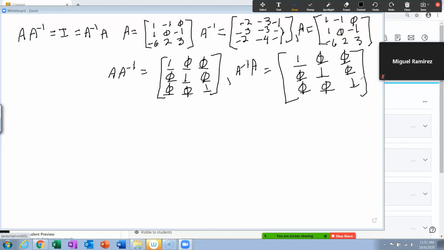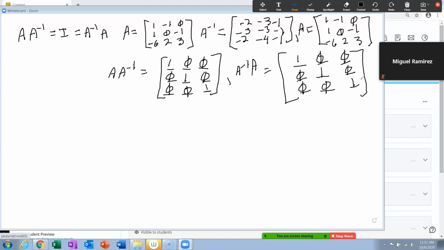Yep, it checks both ways. Not only did our procedure work correctly that we did last time, but checking it, the A times A inverse is the identity matrix, yes, and A inverse times A is the identity matrix, yes. So we have verified that those are inverses of each other.